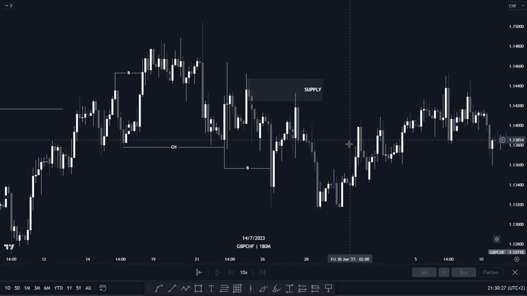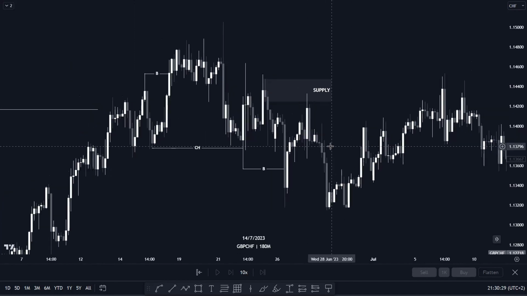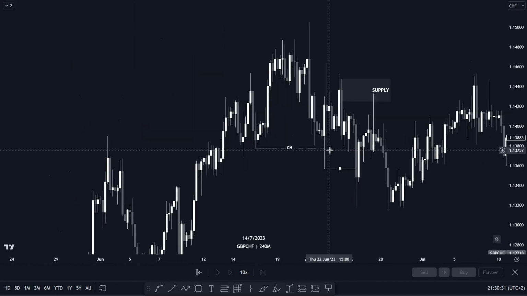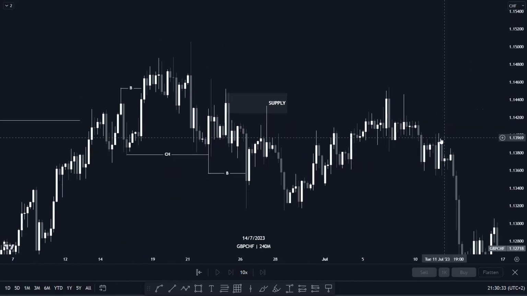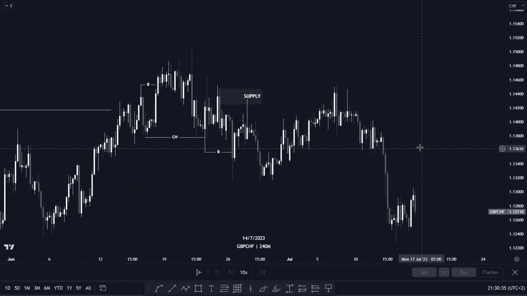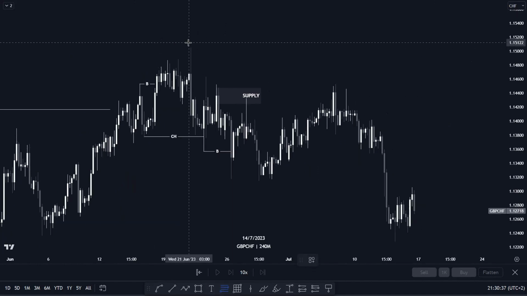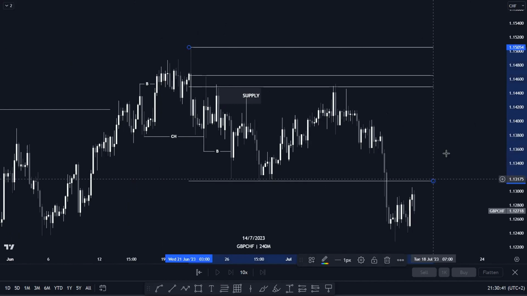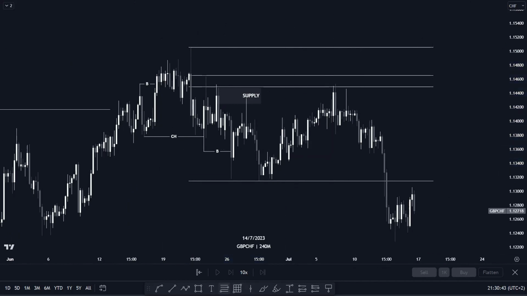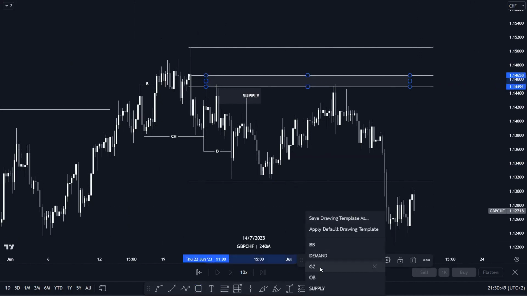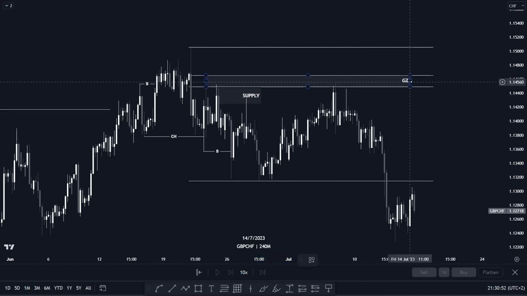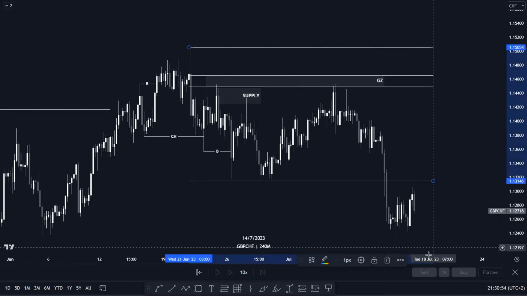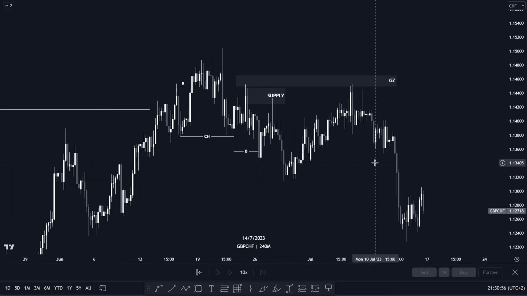Okay, so what we're going to do is move to our higher time frame here. And what I managed to see is that price respected our golden zone entry here, and price tapped into it and pushed to the downside.